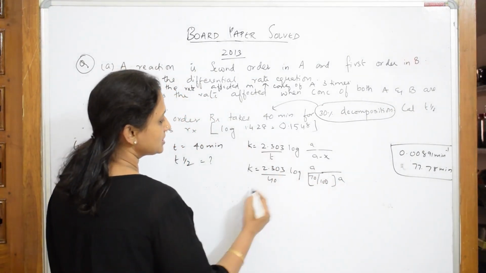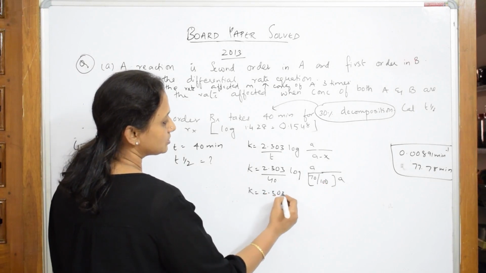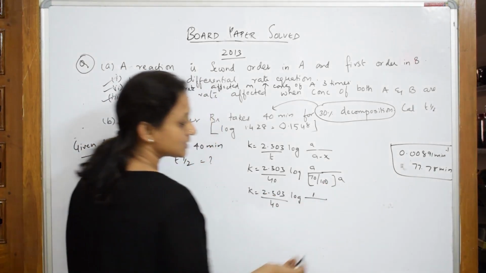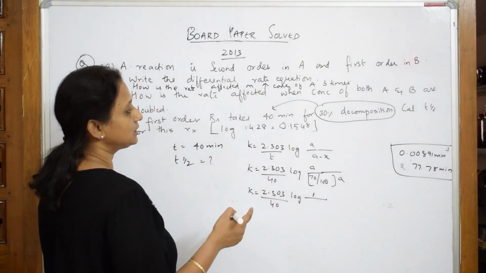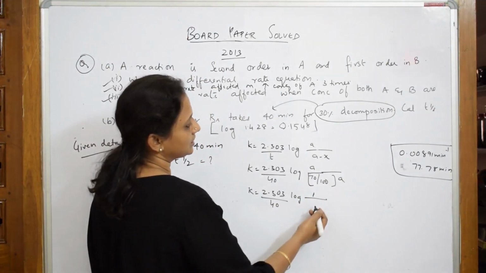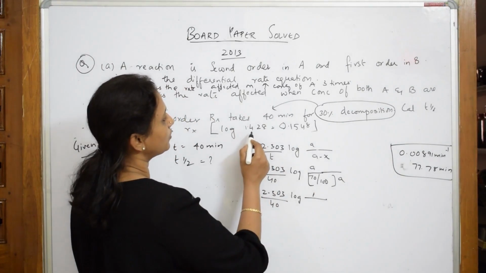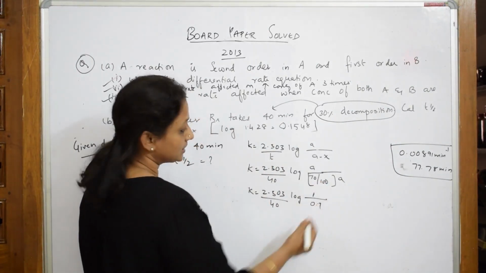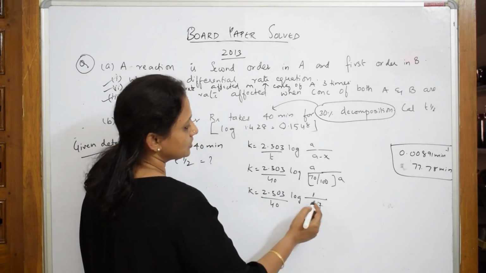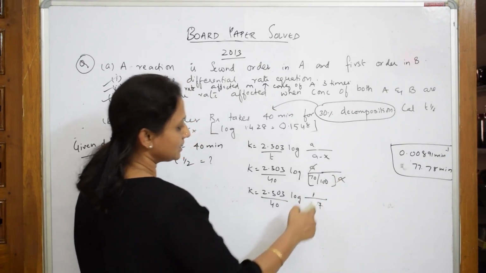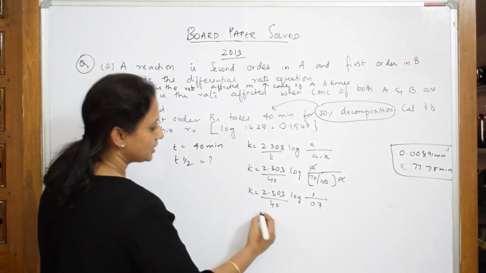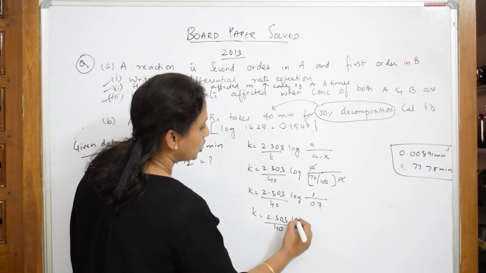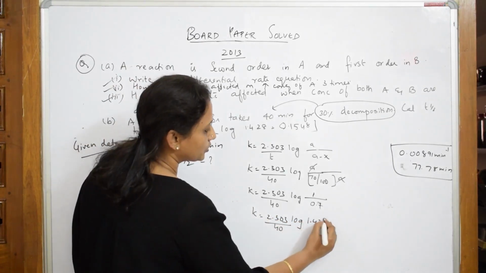When you solve this, 2.303 by 40, now this is log of 1 by 0.7. If you solve this, this becomes 0.7. Now, when you solve this, you get an answer of K is equal to 2.303 by 40 log of 1.428.